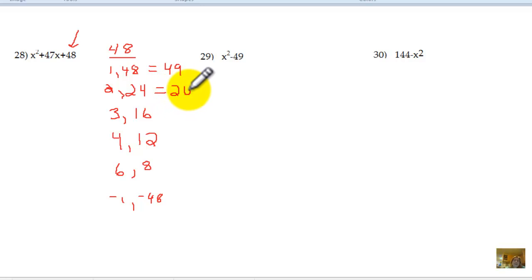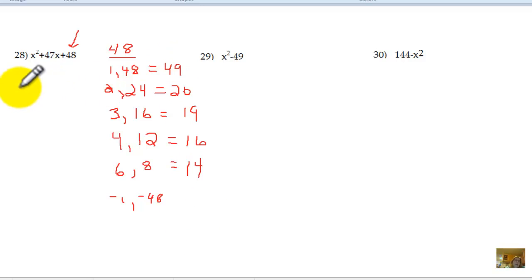as you can see, we're not going to find something that adds to 47, because these numbers are going to get smaller. 3 plus 16 is 19, 4 plus 12 is 16, 6 plus 8 is 14, and of course if we use our negative integers, it'll still just be a bunch of negative numbers.